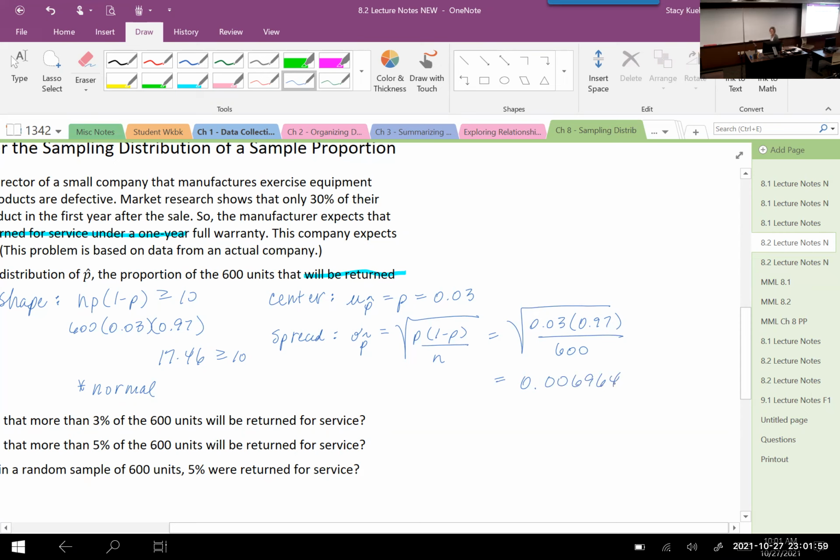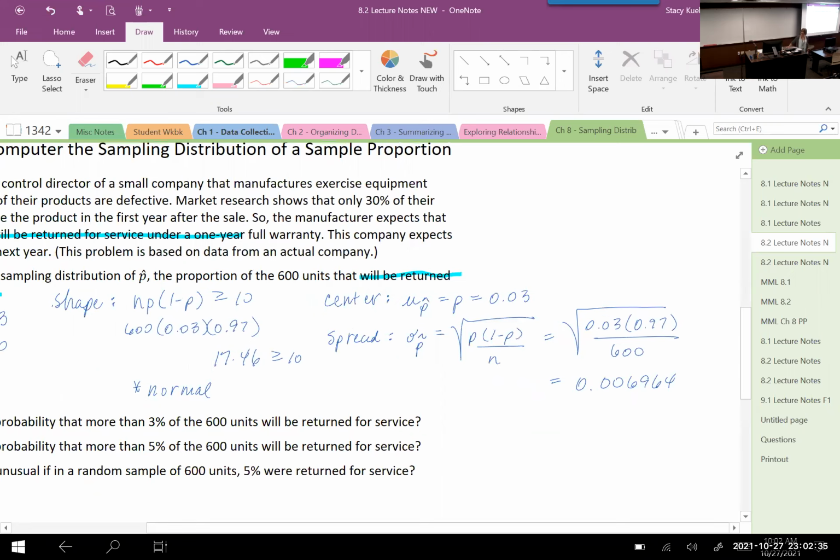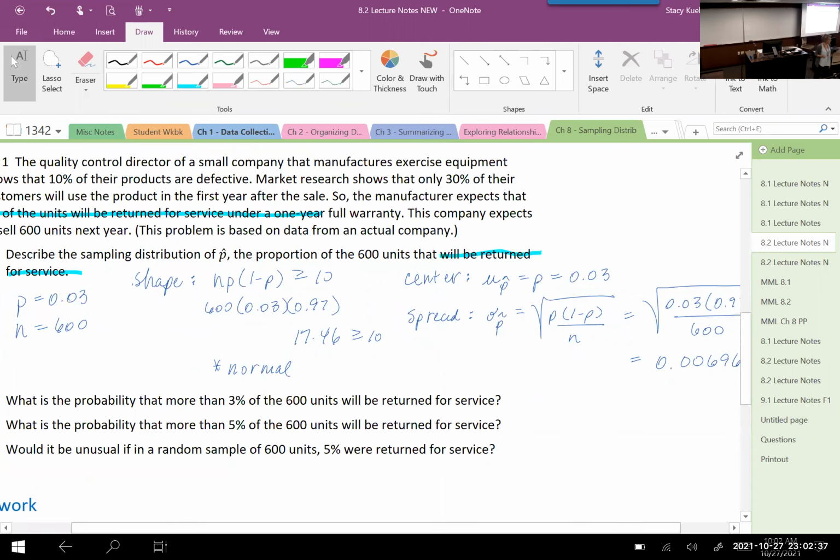What I'm looking for is that number right there, 0.006964. Did everybody get that? Check and make sure when you put it into your calculator that you can actually get that value. Did everybody get this? Shake your head yes or no. Still working on it? So we have found the shape.